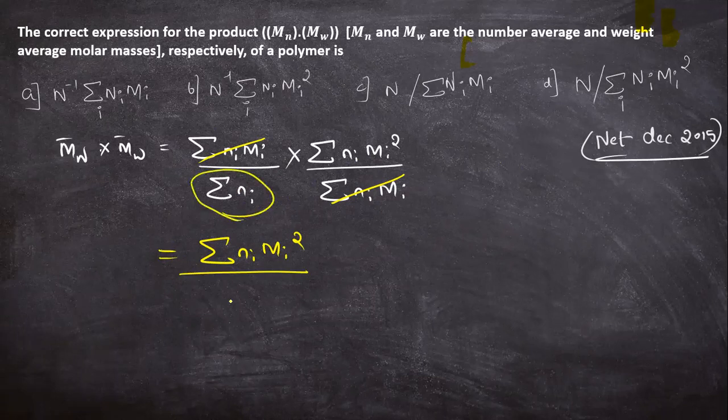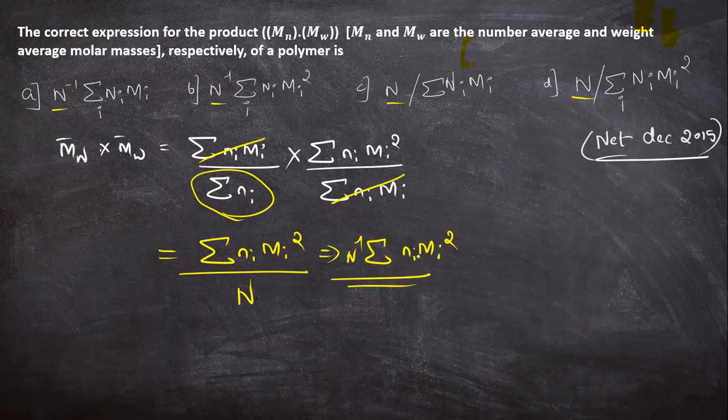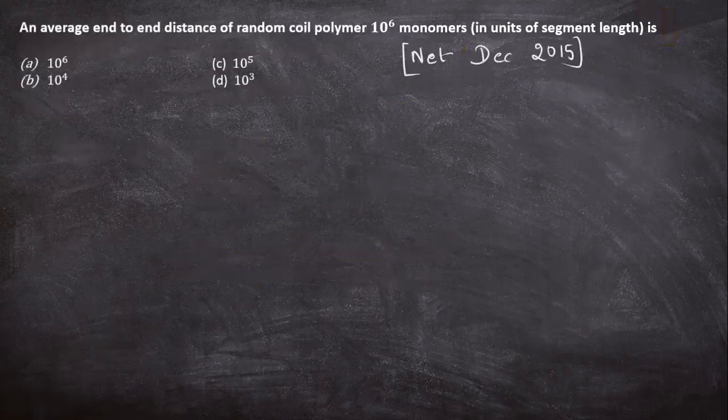Simply take the summation of Ni as equal to N, because you can see in the options they have represented it as N. Take this N upward, so it will be N inverse. Option B is correct. This is the way to solve. Clear? Let's move to the next question.